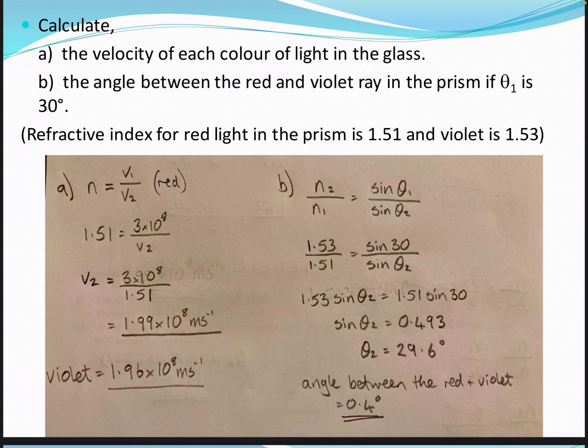If you used 1.99 times 10 to the 8 and 1.96 times 10 to the 8, the differences between the two velocities, to work out the differences between the two angles, you should just get the same answer.